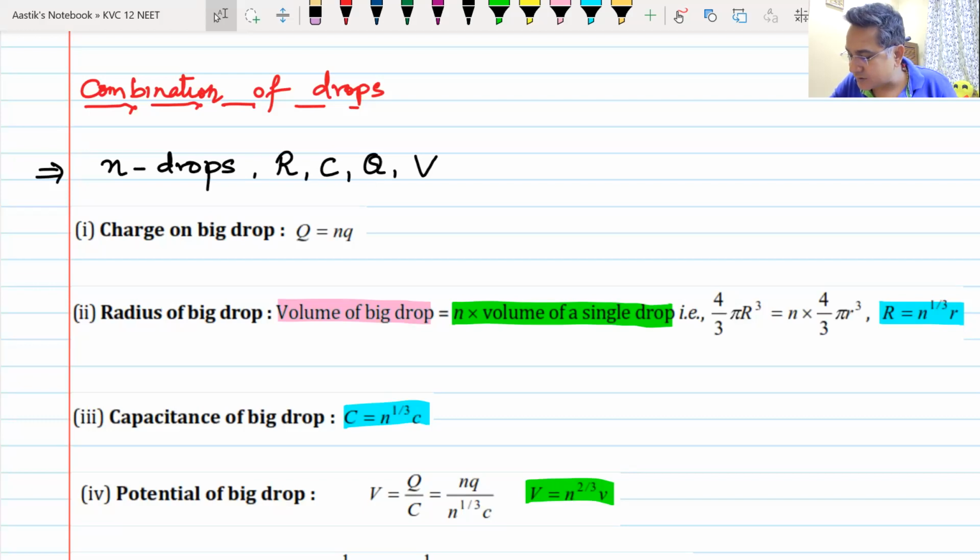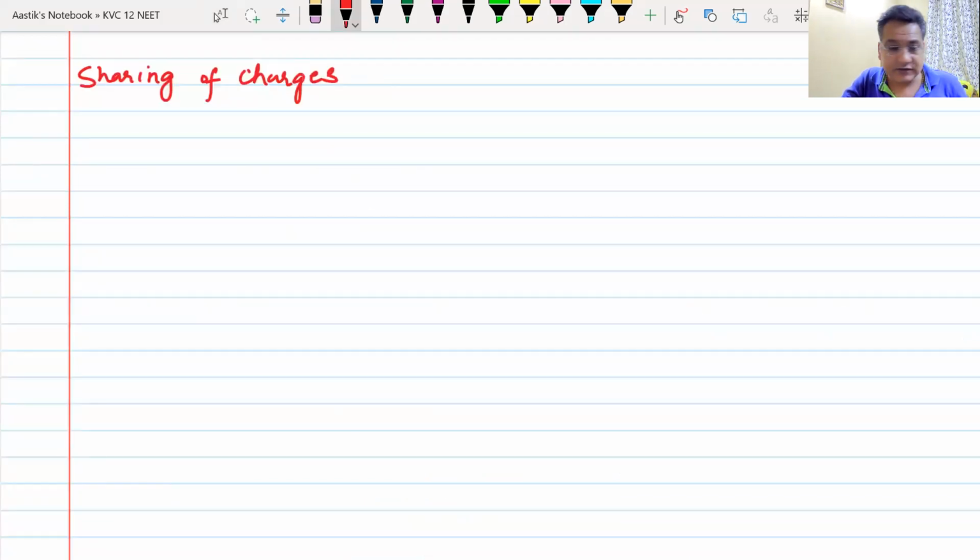So write the heading: sharing of charges of two conductors. Have you written the heading, sharing of charges, beta?